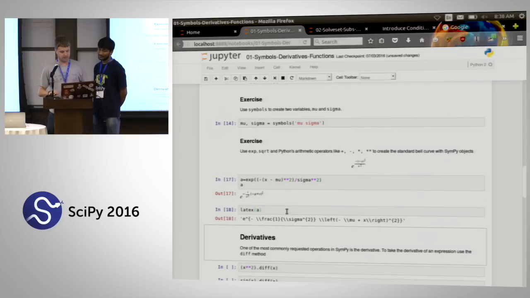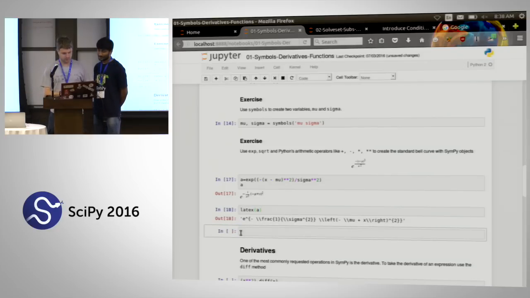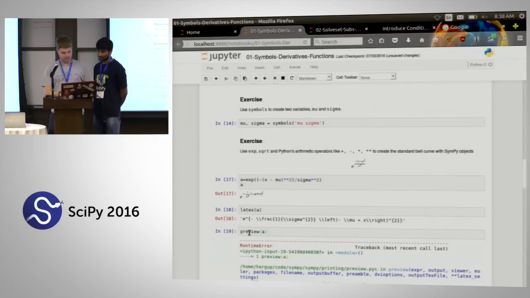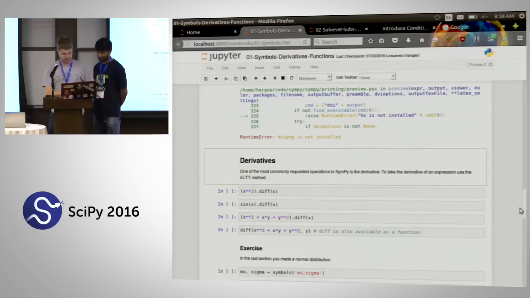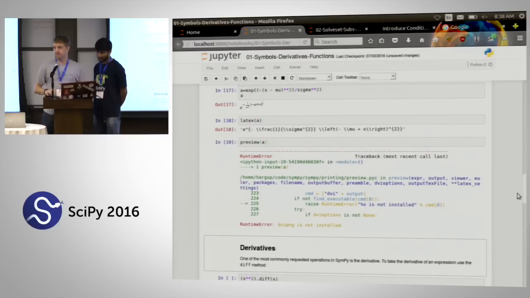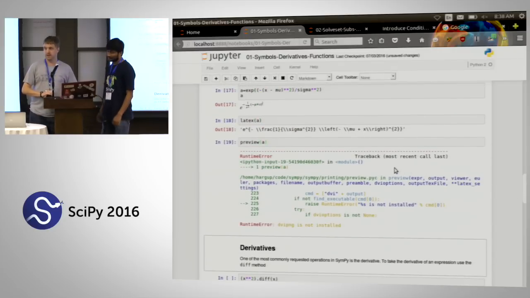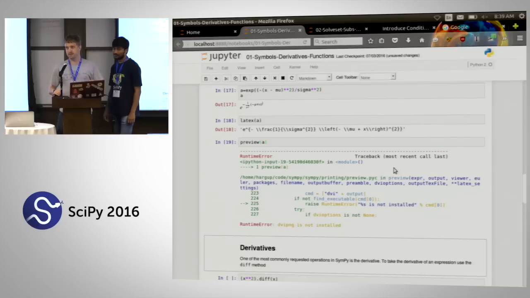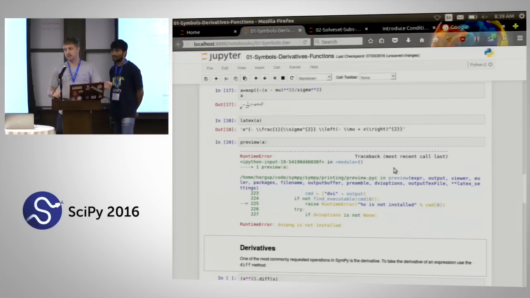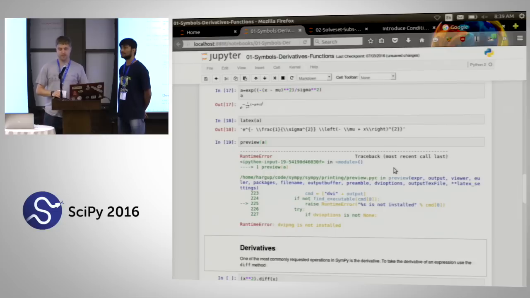And there's another function you can use in the notebook called preview. It has various options where you can save. By default it's not going to work because he doesn't have things installed, but if you look at the documentation, it'll take the LaTeX string, run it through LaTeX, and you can save it to a file, like a PNG file or whatever you want.